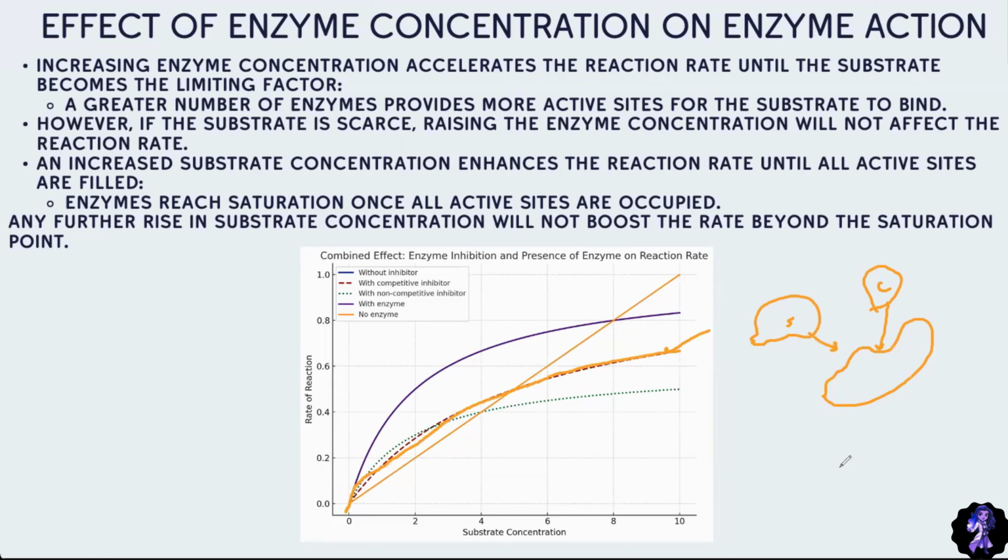Now, with a non-competitive inhibitor, remember, you have a substrate and you have a non-competitive inhibitor that will attach to a spot on the enzyme outside of the active site, rendering the whole enzyme useless.